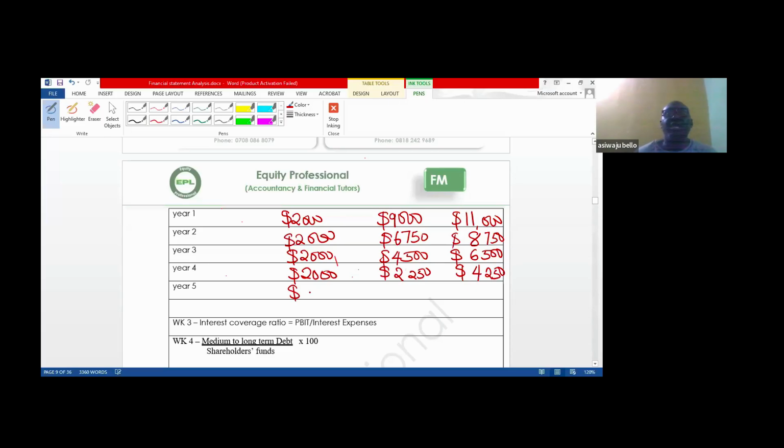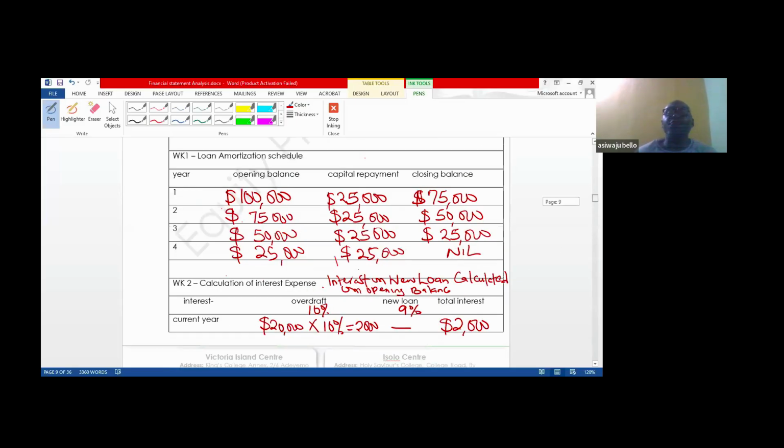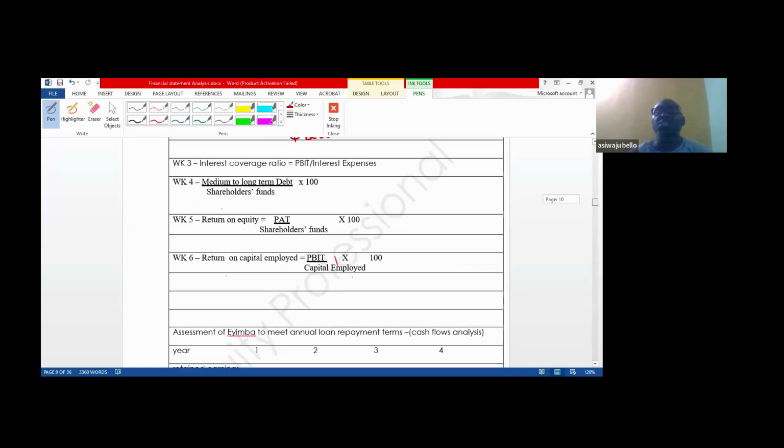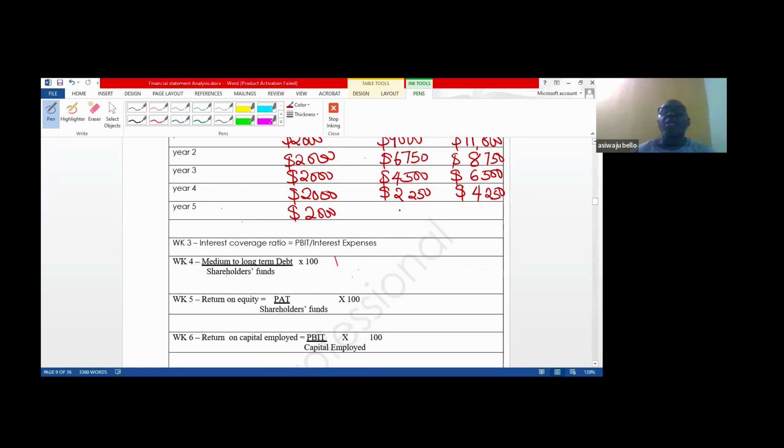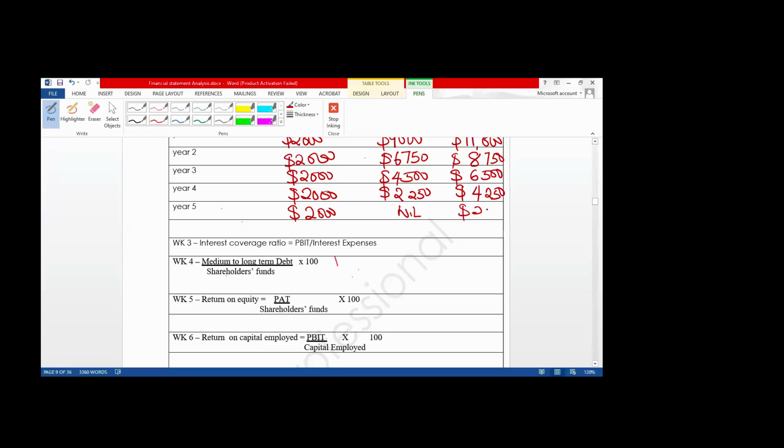Year five, interest on overdraft 2,000. At the end of year four, this loan will have been fully repaid. That means no interest on new loan again. This place is nil. This becomes $2,000.